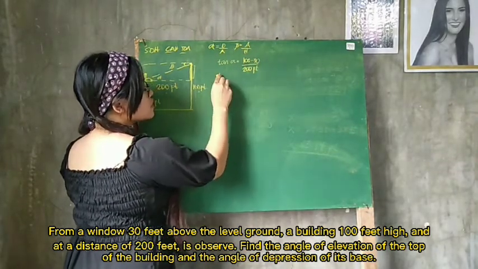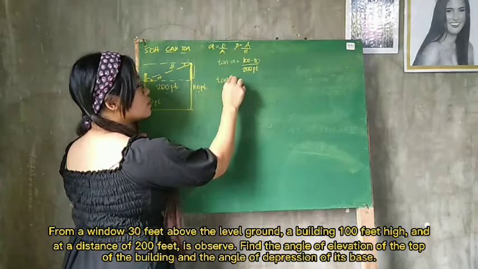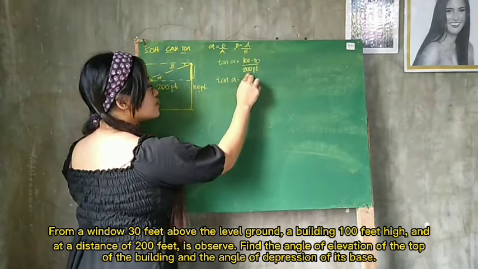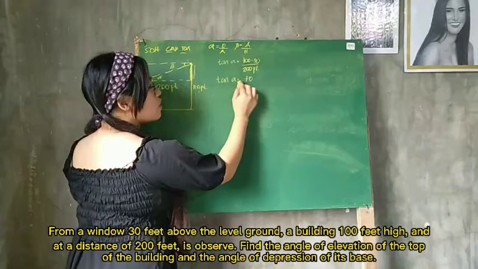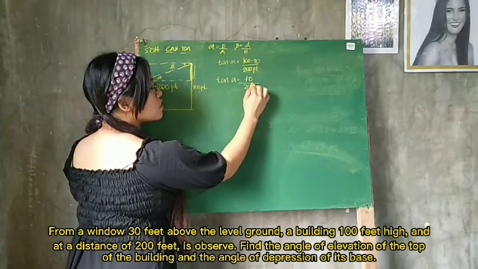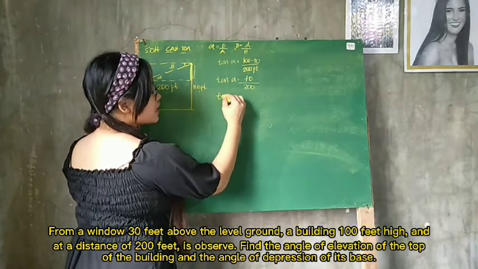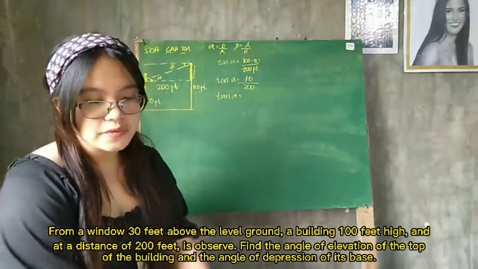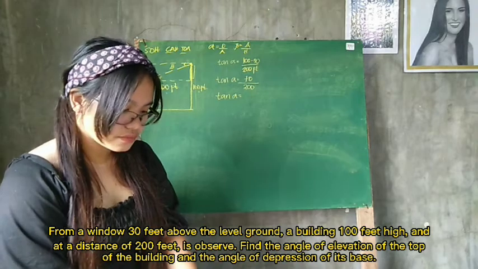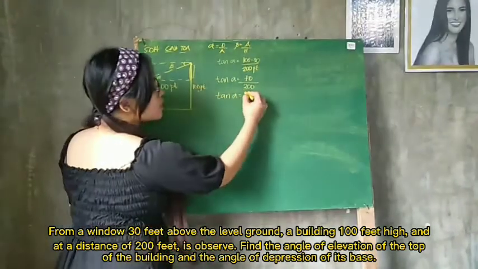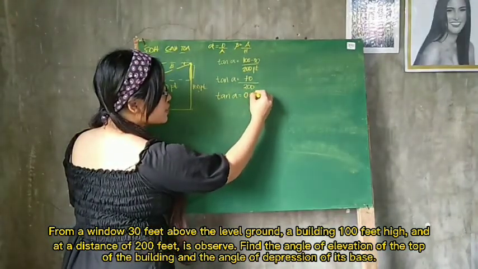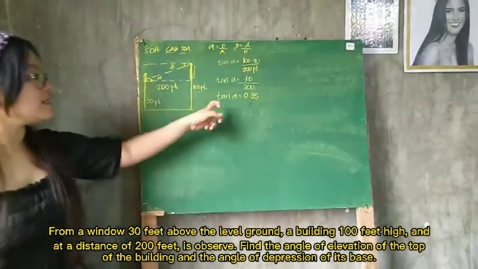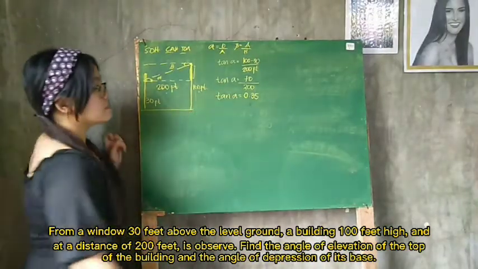So we have tangent A is equal to 70 over 200. If we divide them, it will become 0.35. Then let's find the angle alpha.